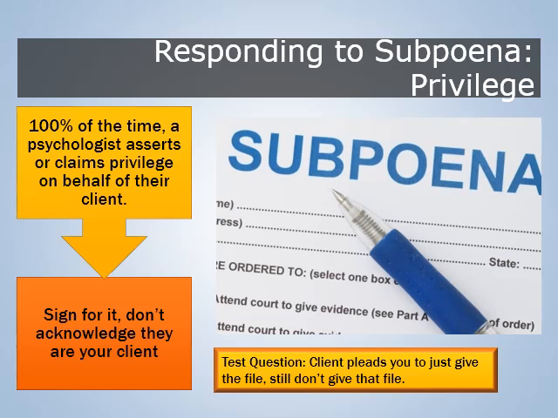So privilege: the psychologist is never the holder of privilege. You are claiming it on behalf of the client. And don't acknowledge that the person's your client when they deliver the subpoena, because that's a breach of confidentiality.